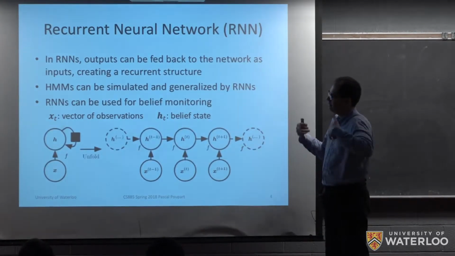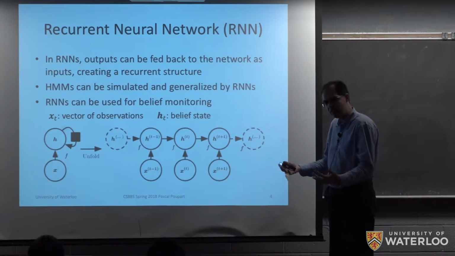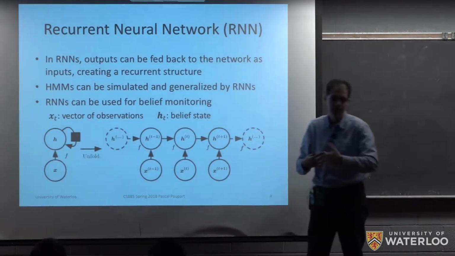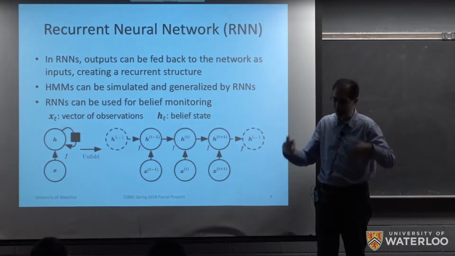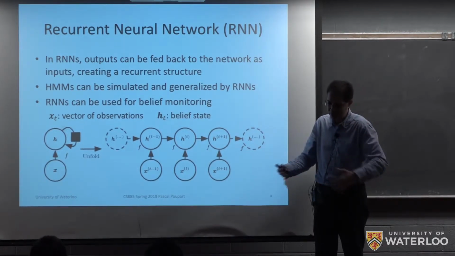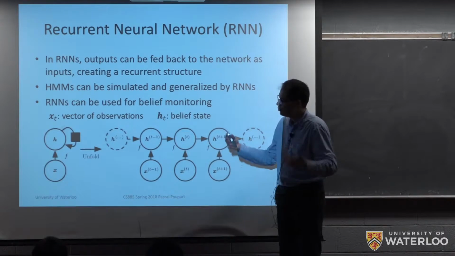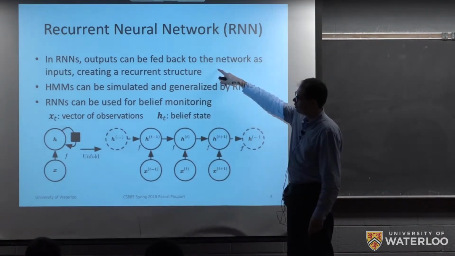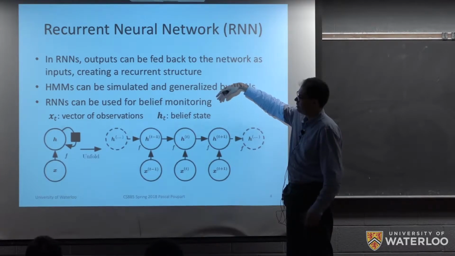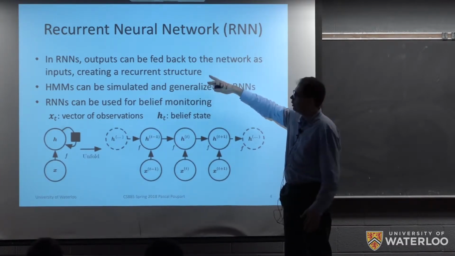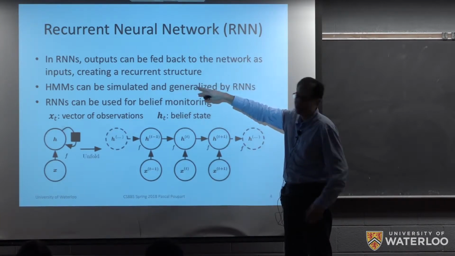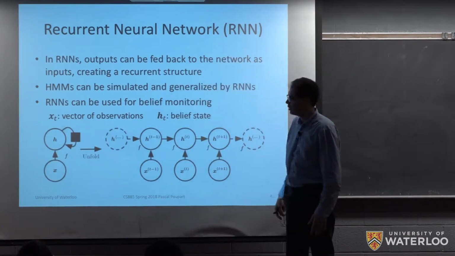Now, it turns out that we don't have to use HMMs per se to compute beliefs. With deep reinforcement learning, it is now possible to use a recurrent neural network to do the same. A recurrent neural network is really a neural network where the outputs can be fed back to the network inputs, which creates a recurrent structure.